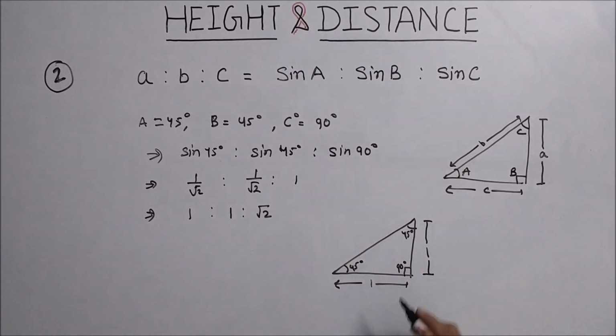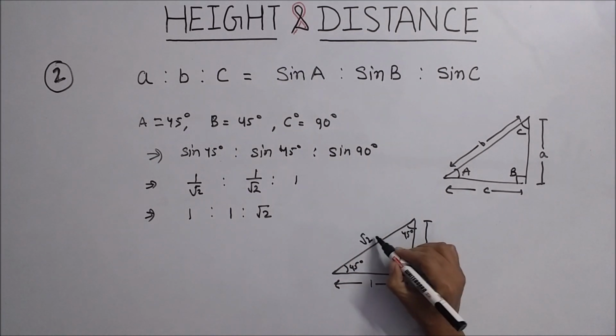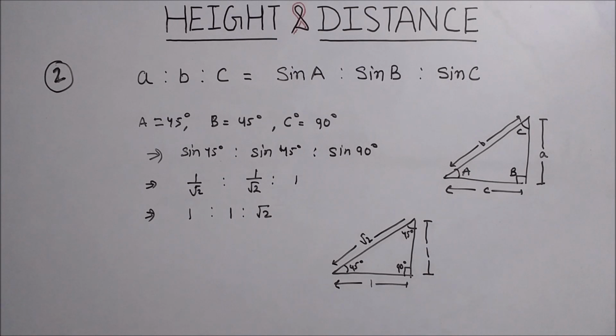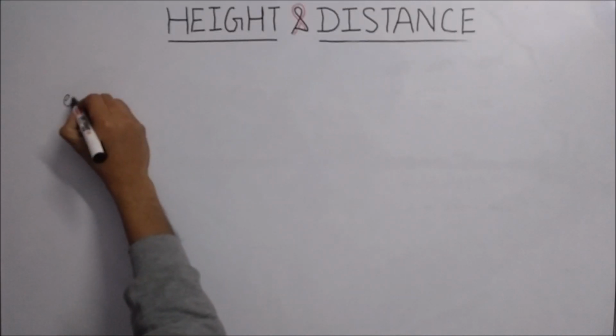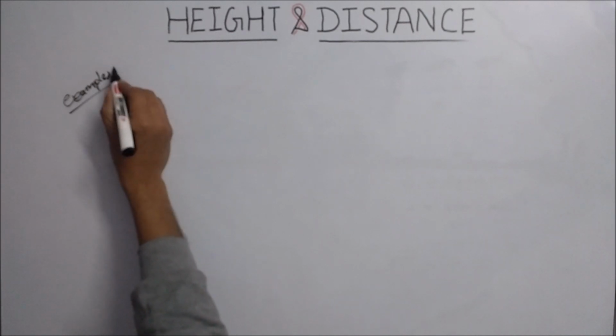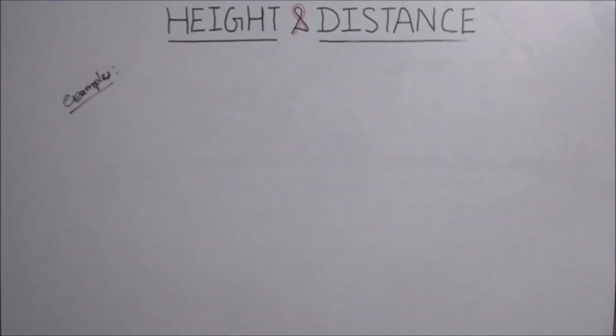And if we talk about the angle 90, it is root 2. When we solve questions, we will again see how to utilize these values and the previous values. Now we take some examples to understand the previous tricks.